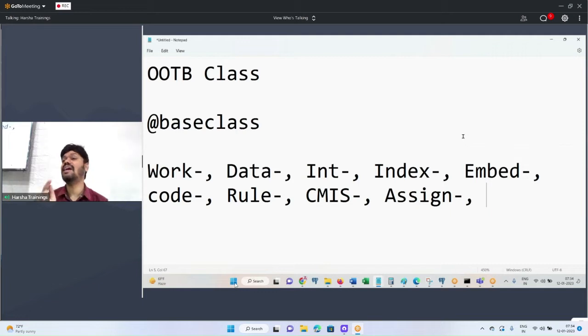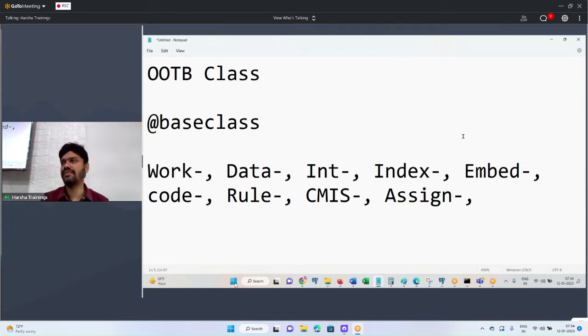Okay. Why does the class name itself have a dash? I'll tell you one point, which is a difference between Pega 6 version and Pega 7 version. Up to Pega 6 version, if a class is to be an abstract class, the class name itself should have a hyphen. You create a class by name A hyphen, then the environment treats it as abstract class. There is no option like drop down abstract or concrete. While creating, you create A dash, and that is abstract.